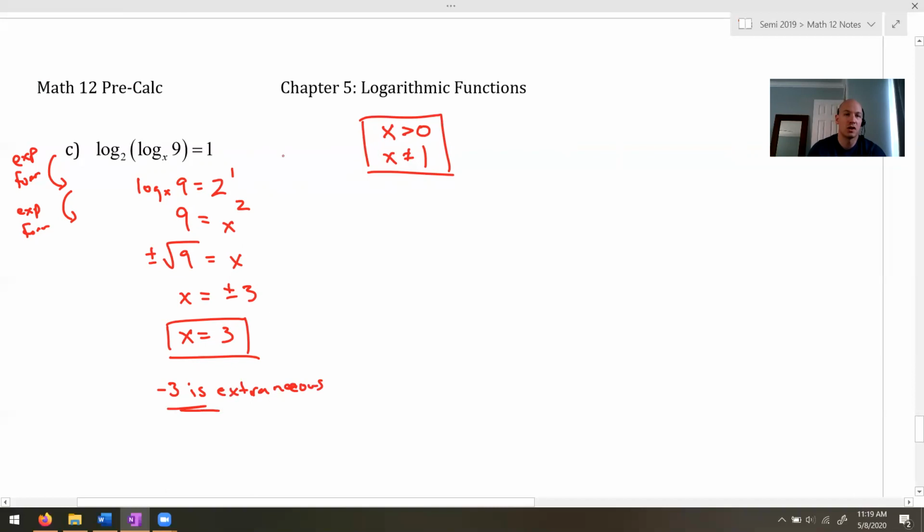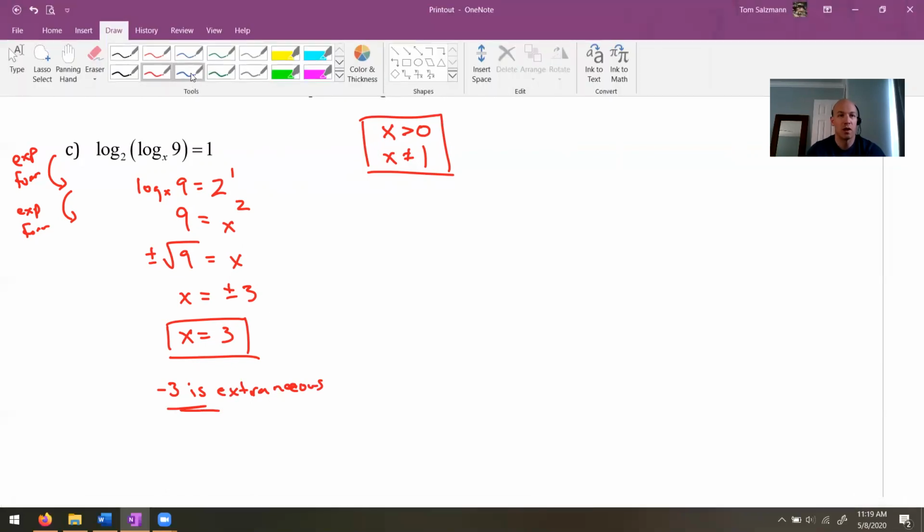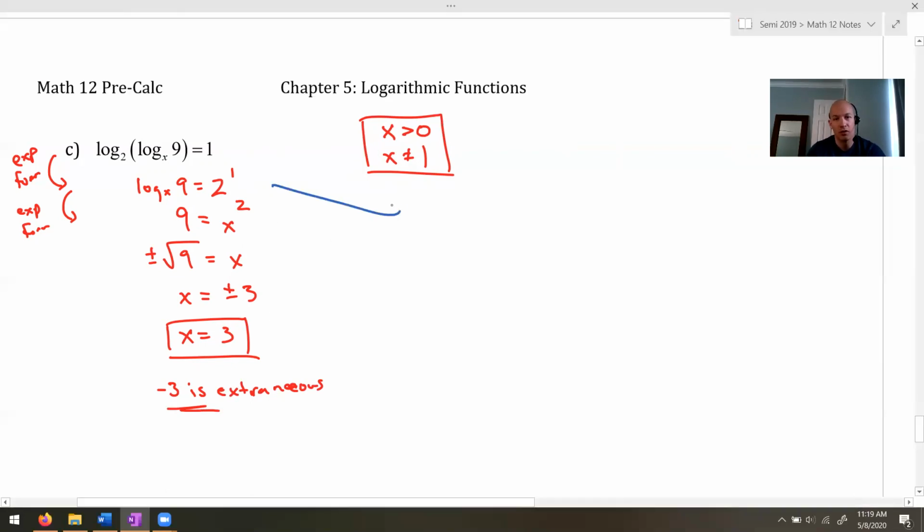Is there a different way you could solve it? You betcha. A slightly different method would be, from this point here, you could have used change of base. This unit's pretty interesting because there are just so many different approaches you can take to solve logs. So you could have written it like this. And in this case, this would become log of 9 equals 2 times log of x.